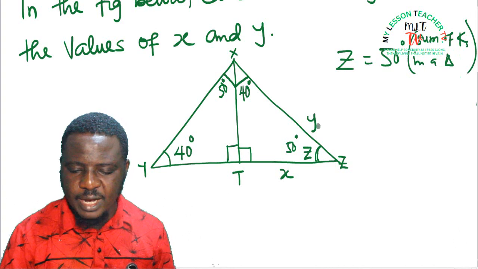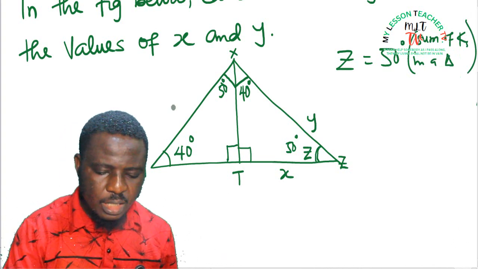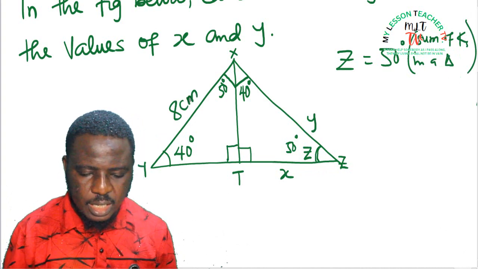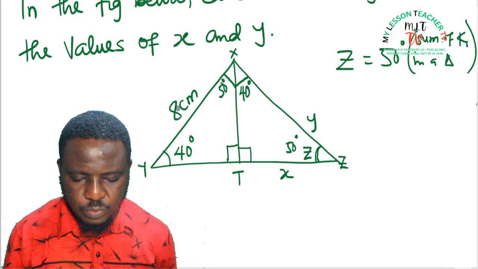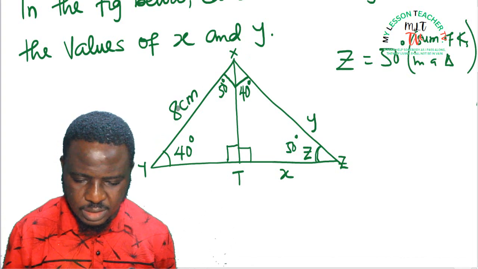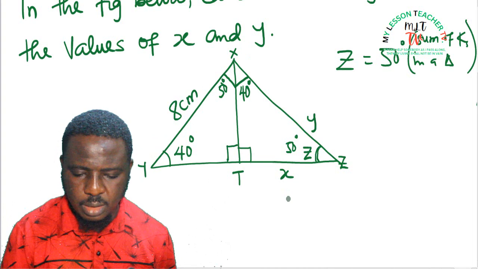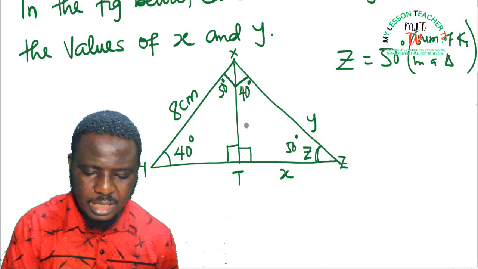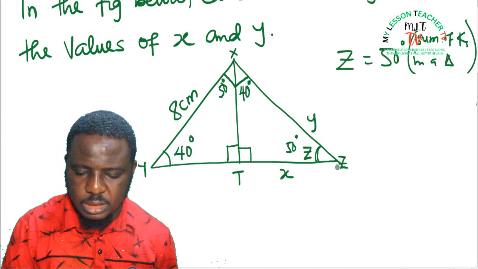Now we are asked to find side y and side z, and side yz is given to be 8 centimeters. So if this is the case, in order for us to find y and z, we must first of all get at least a side of triangle xtz.